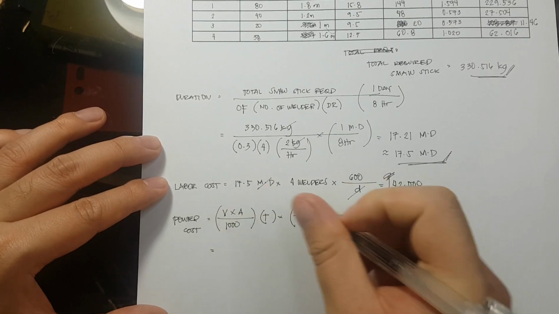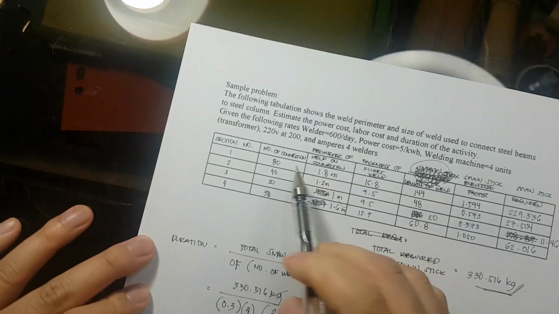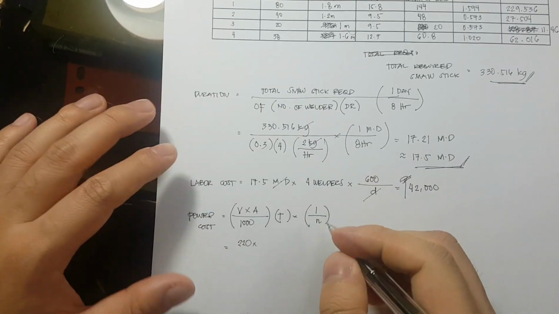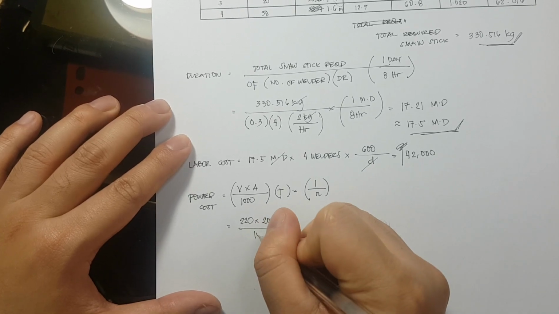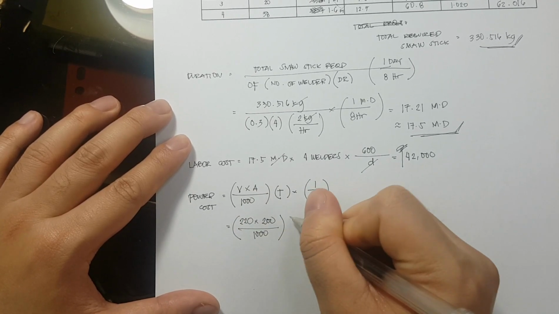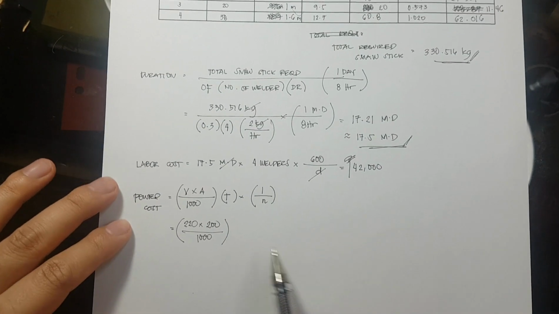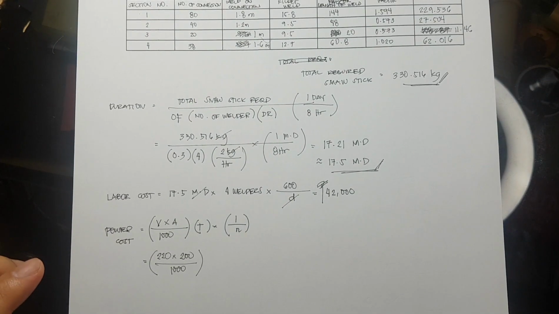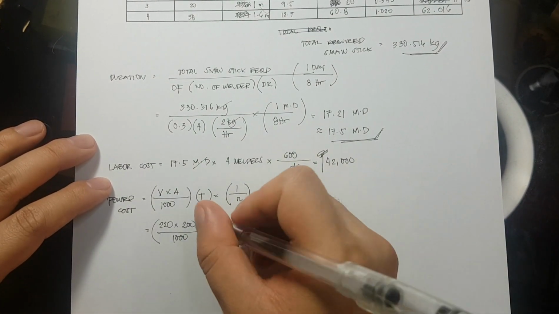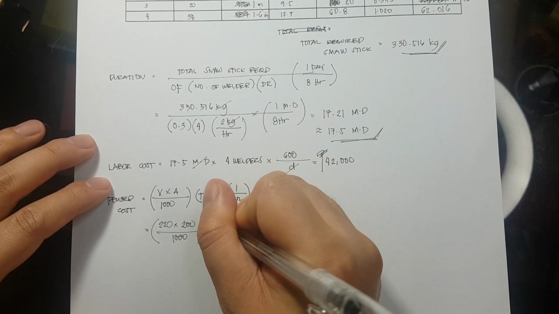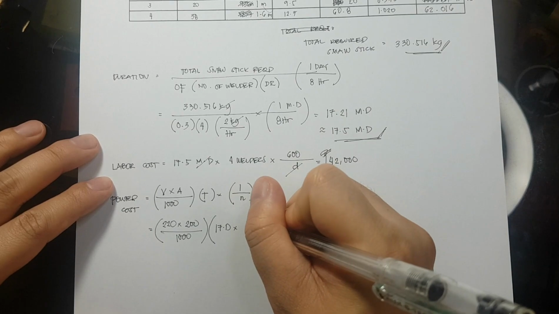So, yung V natin dito is 220 volts times the amperes of 200. So 220 times 200 divided by 1,000 times the time in hours. The time is in hours.